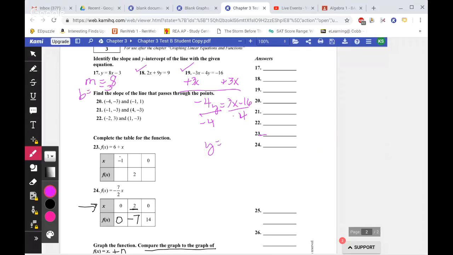And we should have y equals -3/4 x plus 4. So slope is -3/4, and y-intercept is 4. That's what I got. Okay.